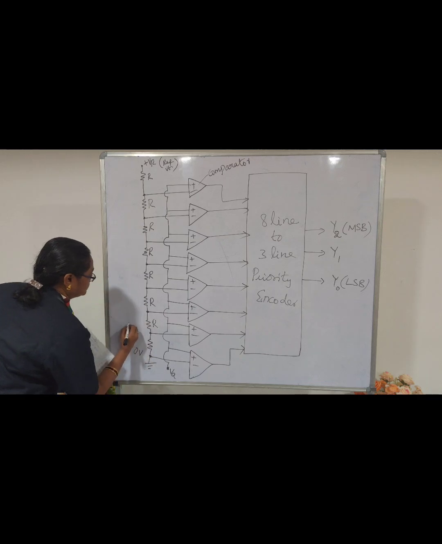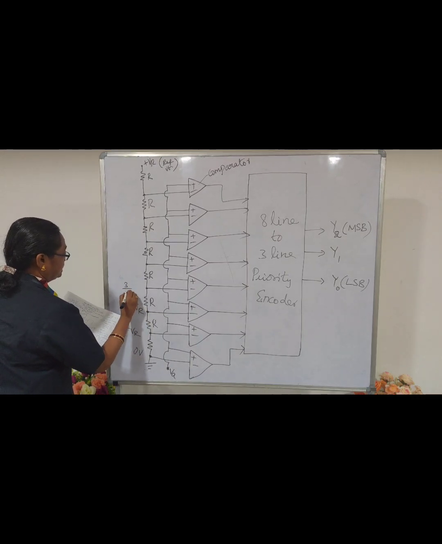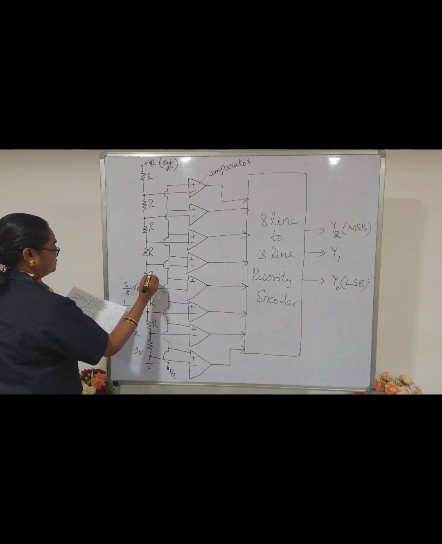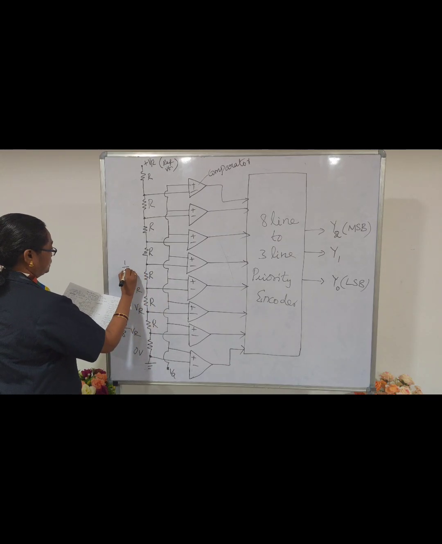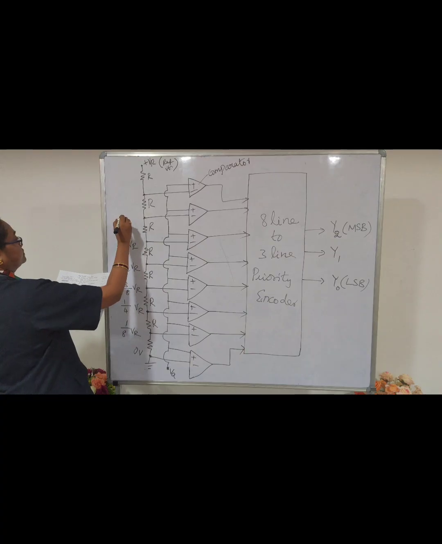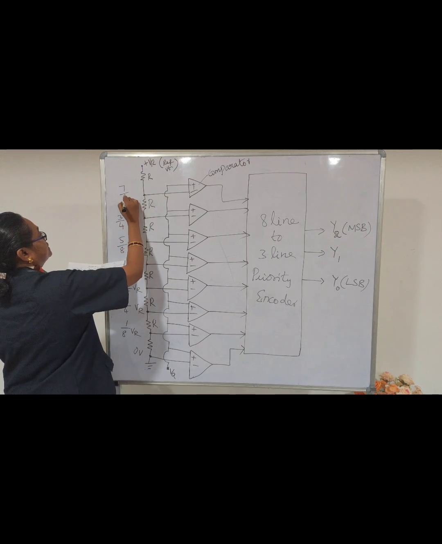0 volt, 1 by 8 VR, 1 by 4 VR, 3 by 8 VR, 1 by 2 VR, 5 by 8 VR, 3 by 4 VR, 7 by 8 VR.